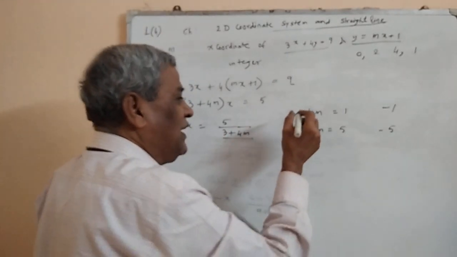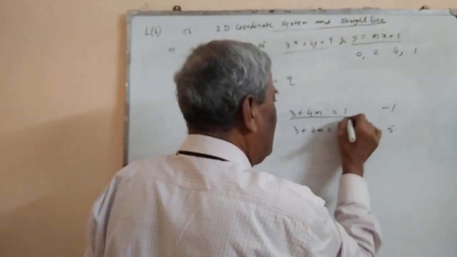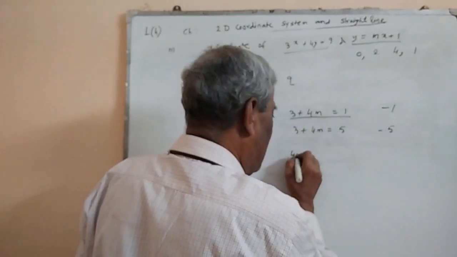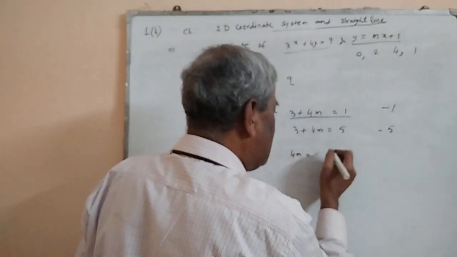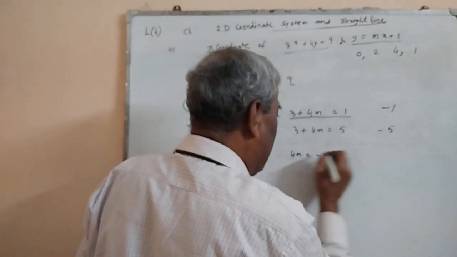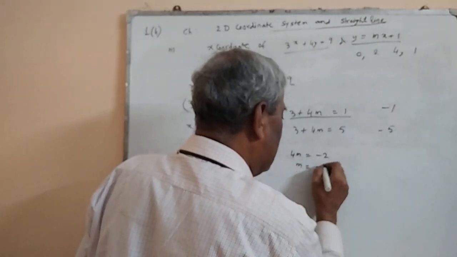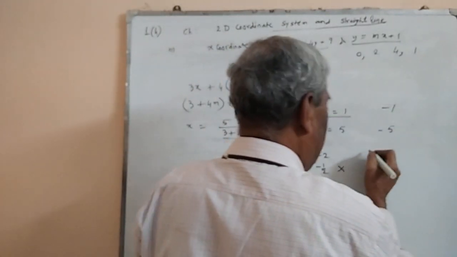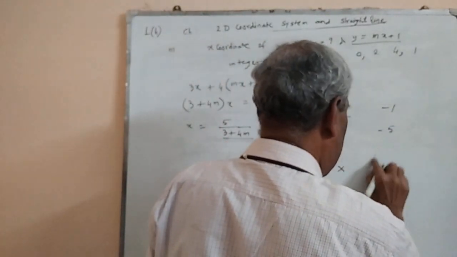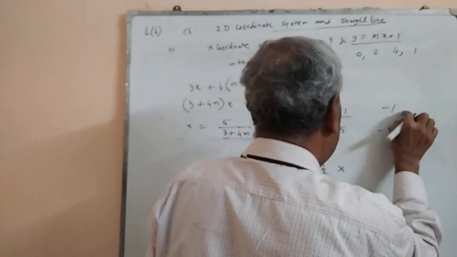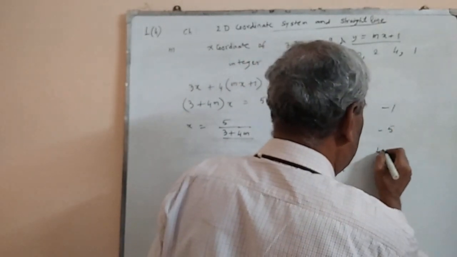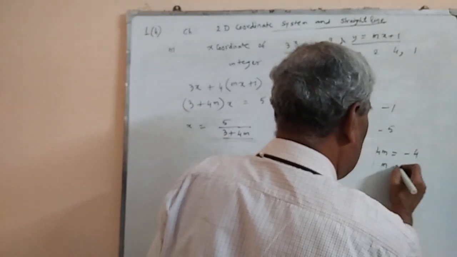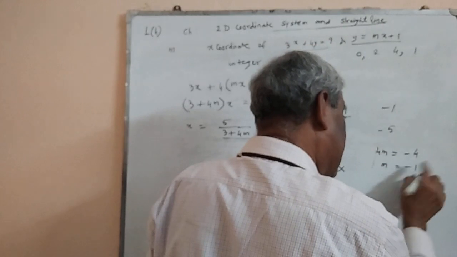So let us see the possibility of that. If 3 plus 4m is 1, then 4m is 1 minus 3, minus 2, so m is equal to minus half. So it is not an integer. Then take 3 plus 4m equal to minus 1. That is 4m is equal to minus 4, m is equal to minus 1. It is an integer.